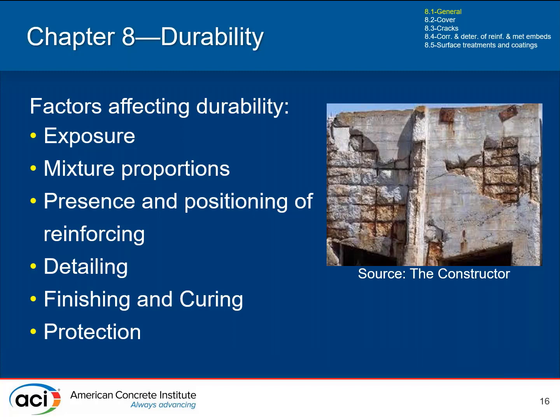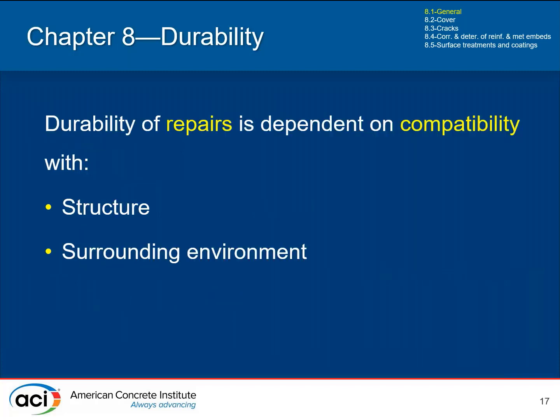A lot of the time concrete would work fine and steel would work fine, but when you put them together, there are other things you need to think about. Detailing, finishing and curing, protection, these kinds of ideas. And that's really where this durability chapter is pushing you to think about how we are going to develop, specify, and design for proper performance so that we have something that lasts the time you expect it to.